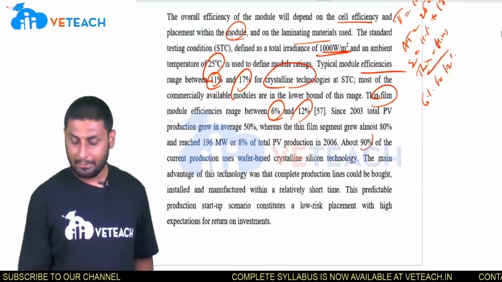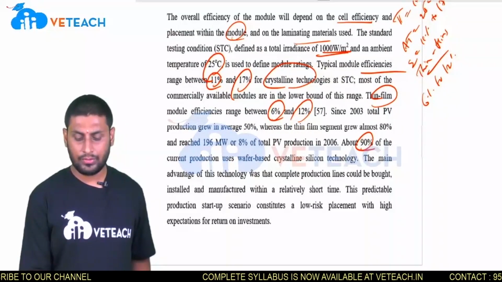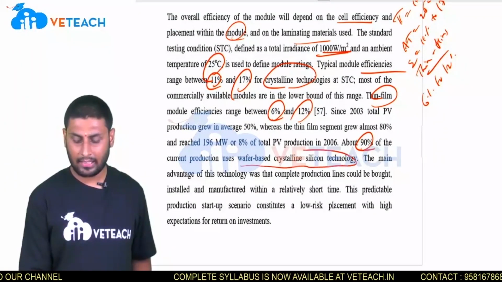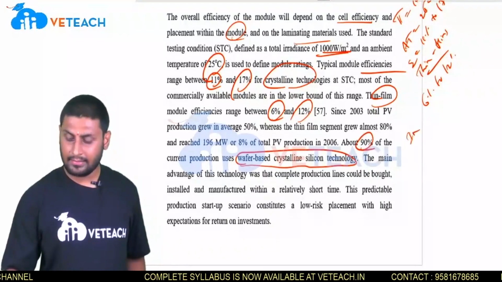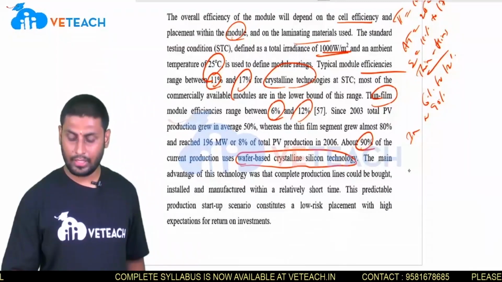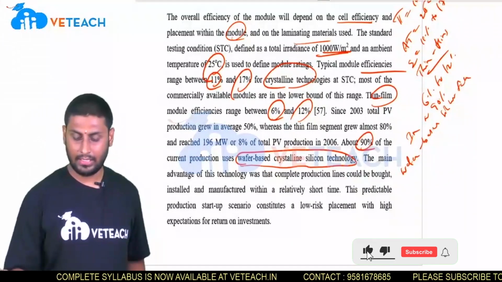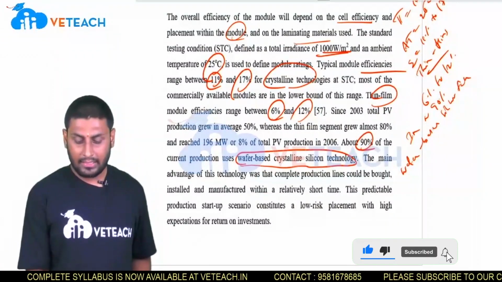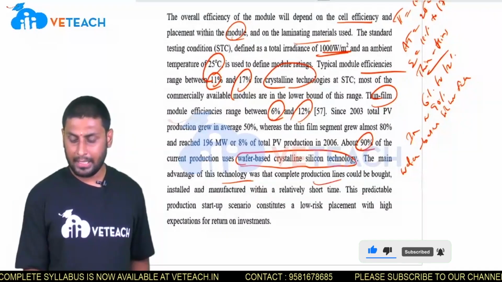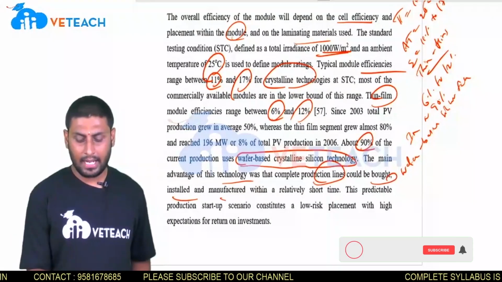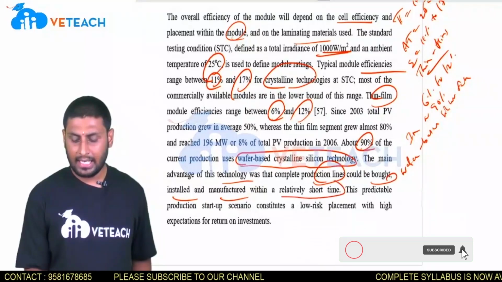About 90% of current production uses wafer-based crystalline silicon technology. The main advantage of this technology was that a complete production line could be bought, installed and manufactured within a relatively short time.